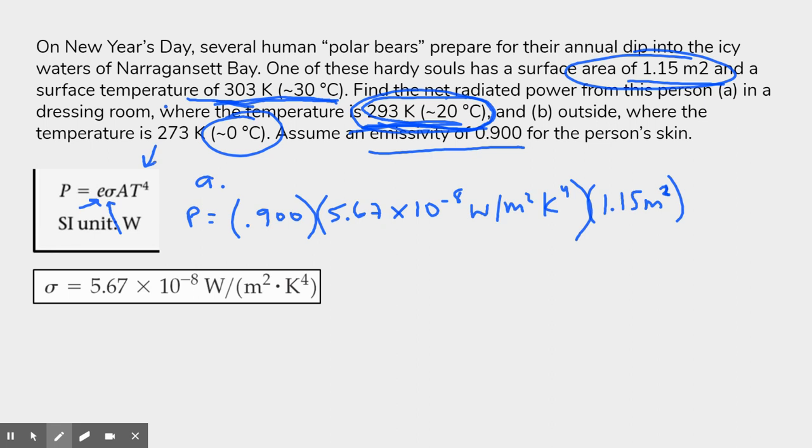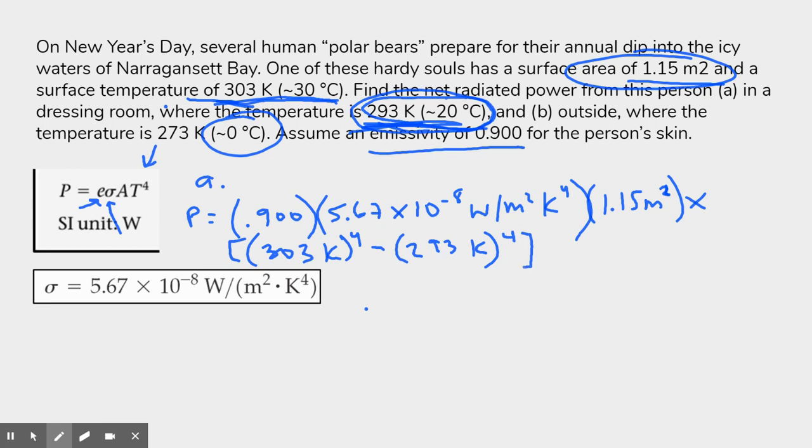And I like to do it this way. I'm just going to do it times because I'm running out of room. So this will be 303 Kelvin, and I'm going to do this to the fourth power, put brackets, minus this temperature, which is 293 Kelvin to the fourth.